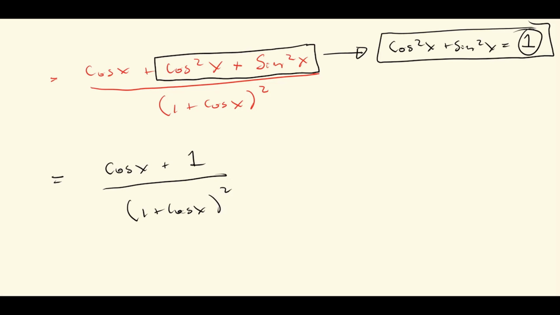So we'll go ahead and cancel out a cosine x plus 1. It's going to give us a 1 in the numerator and 1 plus cosine x term left in the denominator. So we get 1 over 1 plus cosine x.